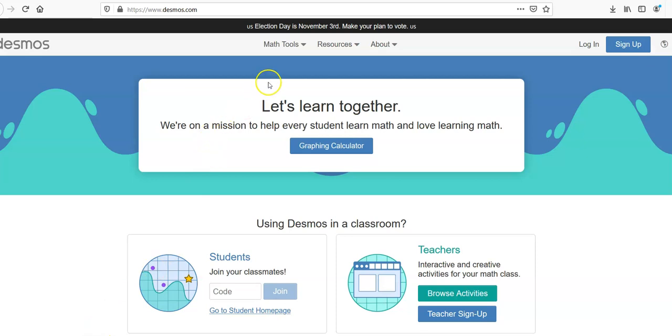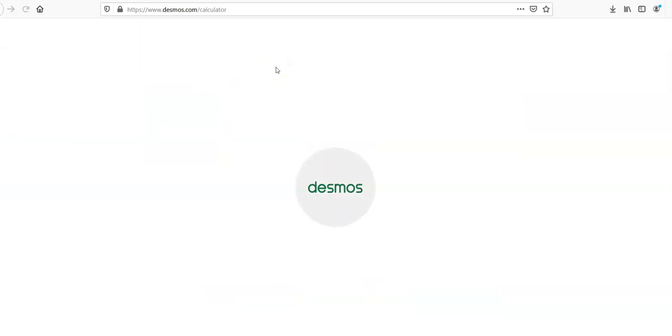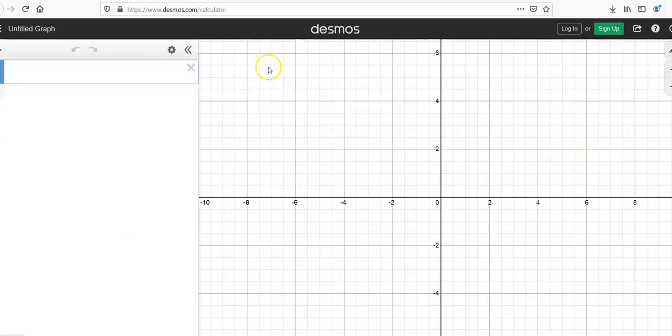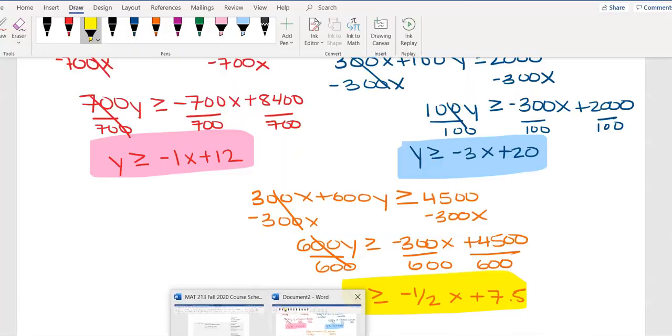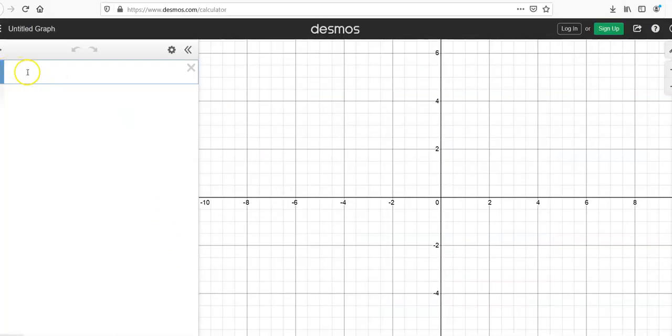So here's Desmos. If you go to Math Tools and Graphing Calculator, and we're going to need to kind of flip back and forth between my Word document and Desmos. But the first equation, the red equation, y is greater than or equal to negative 1x plus 12. So what I'm going to do here is type in my equation.